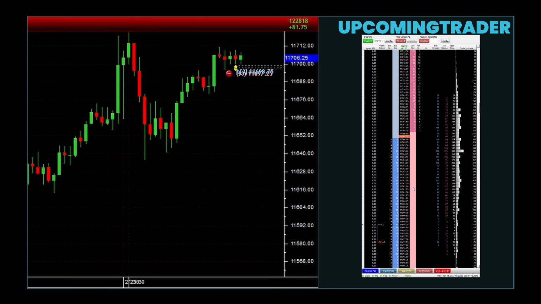Flags and pennants are also important to watch for in the context of the order book. These patterns generally form after a strong directional move, representing a period of consolidation before the trend continues. Flags are typically rectangular in shape and slope against the prevailing trend, while pennants are small symmetrical triangles.